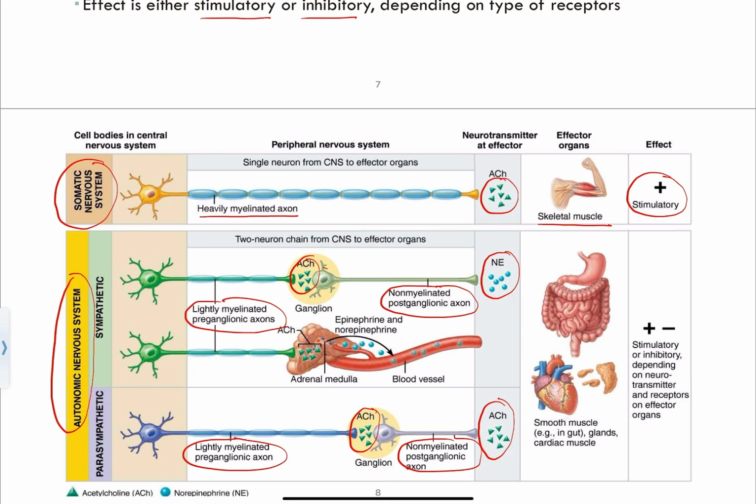In either case, the neurotransmitter, whether it's norepinephrine or acetylcholine, acting on its effector organ, its effect can be either stimulatory or inhibitory. We'll also talk a little bit later, it's not as important right now. There is an exception to the two-chain neuron when we talk about the autonomic nervous system, and that's when we have a synapse with the adrenal medulla itself.